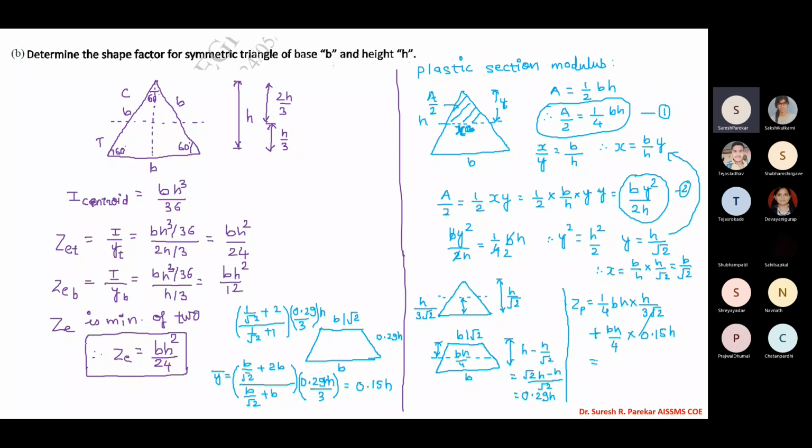From this calculate the value of ZP. So it will be BH square. I got 0.98 BH square.